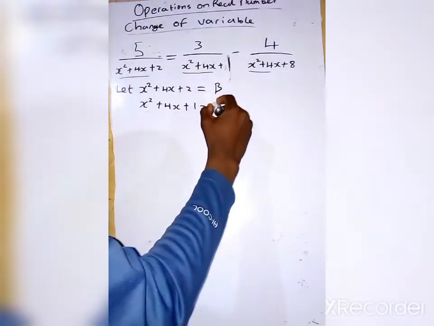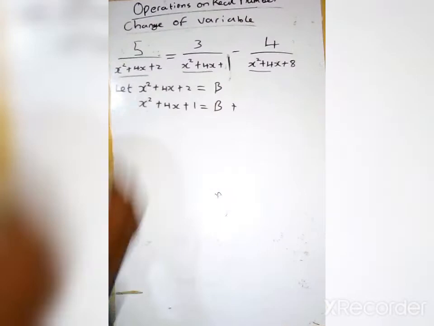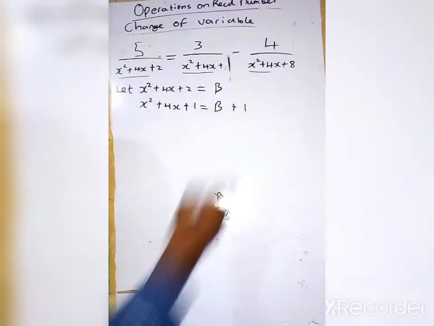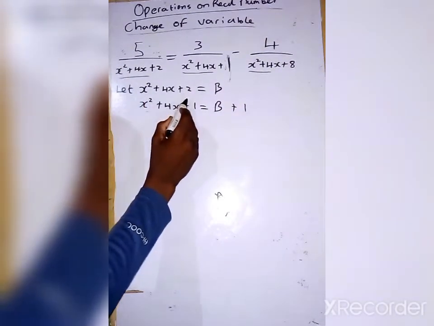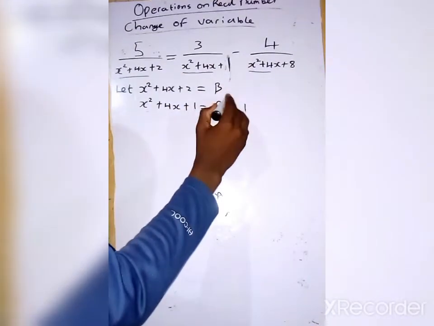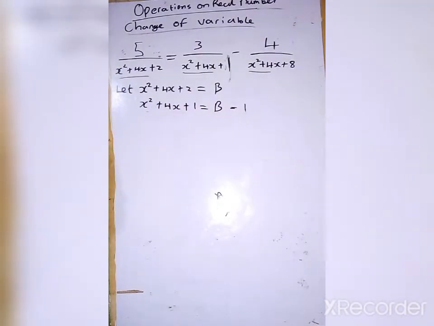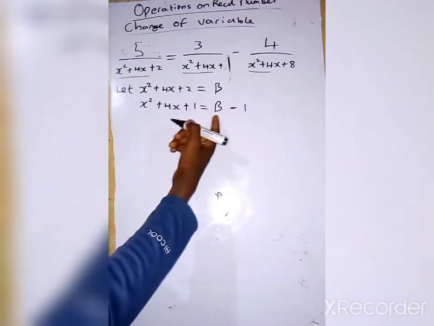If we add 1 to b, it will not give us this equation back. If we subtract 1 from b, we get this equation. This is what we want to get, and we want it to have b.